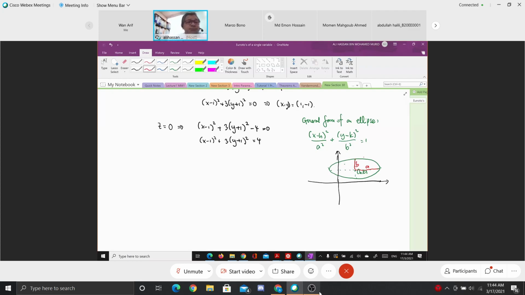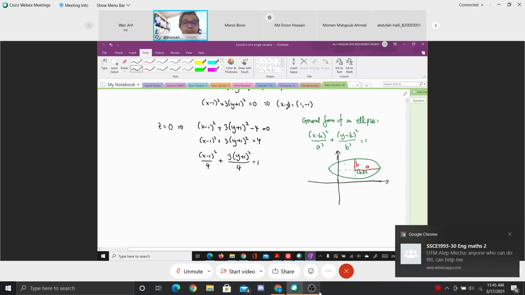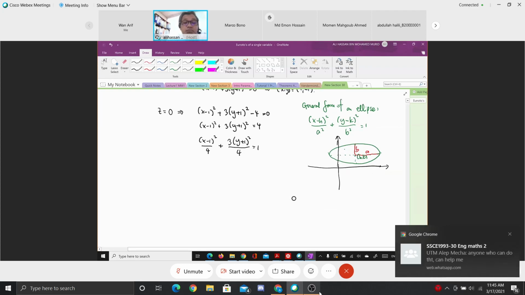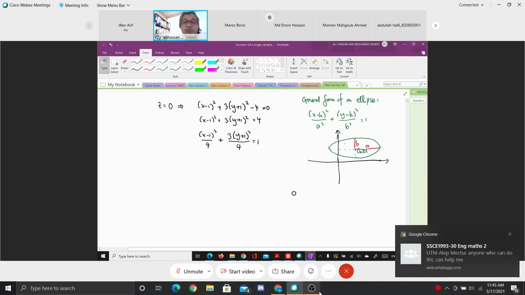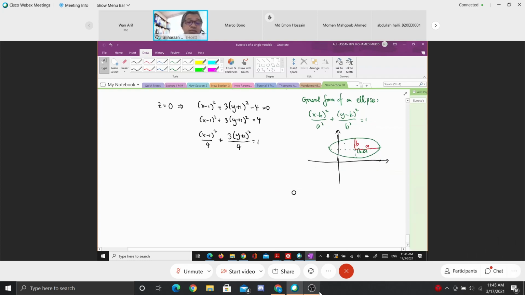So let's rewrite this last equation in the standard form. Standard form means the right hand side is 1. So we divide both sides by 4. Then we get x minus 1 squared over 4 plus 3 times y plus 1 squared over 4 equal to 1. Now, again, we want to write this in the standard form as written in green there.